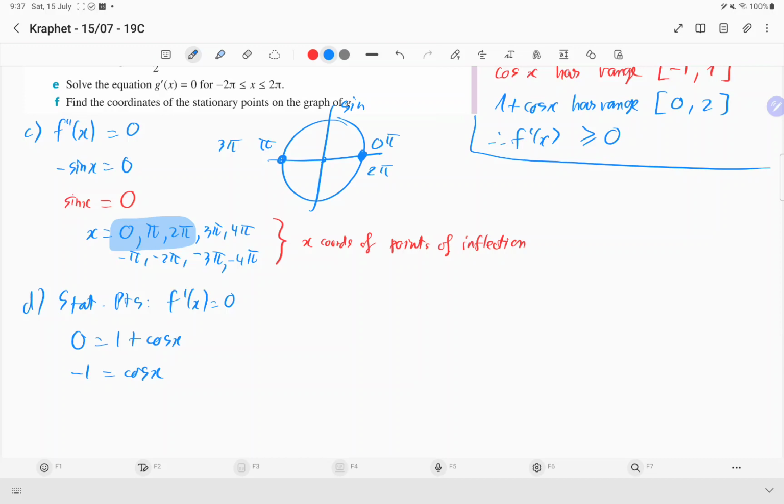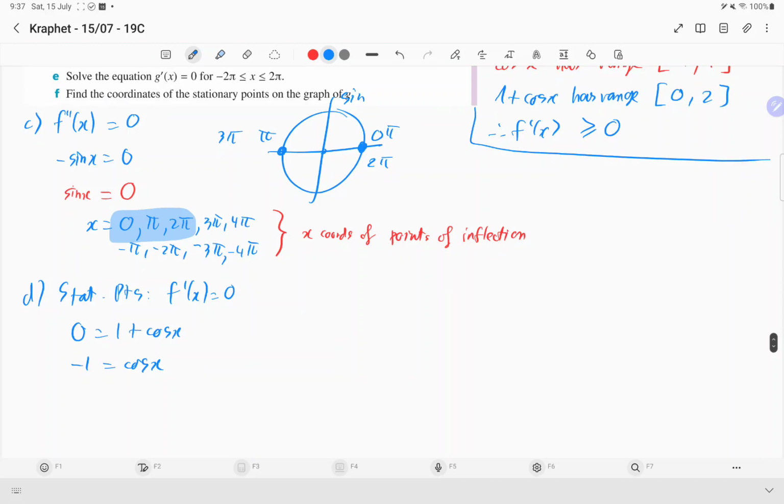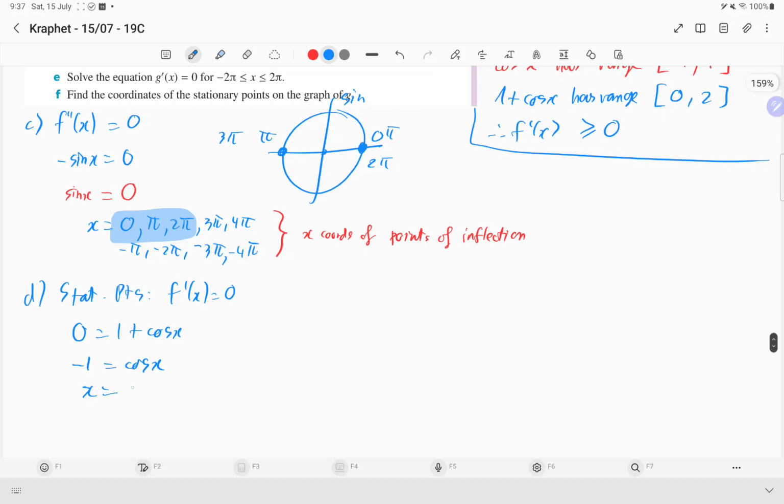Negative 1 cos. Yeah, what are the answers? Pi. It would just be pi. It will be the point on the left only. So pi, 3 pi, like that.